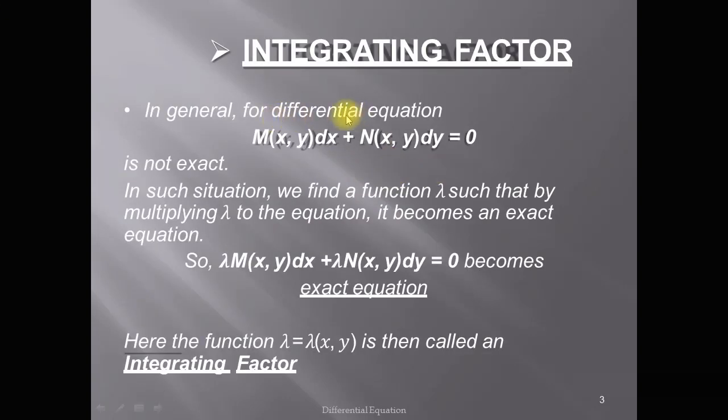So in general, if this differential equation is not exact, in such a situation we find a function lambda such that by multiplying lambda with the given differential equation, the given differential equation becomes exact. Here the function lambda, which is a function of x and y, is called an integrating factor.